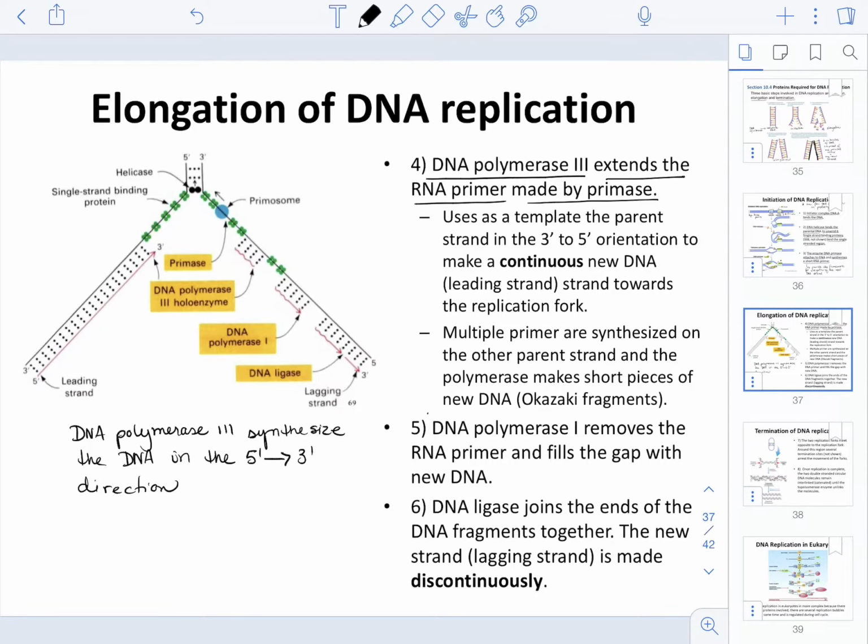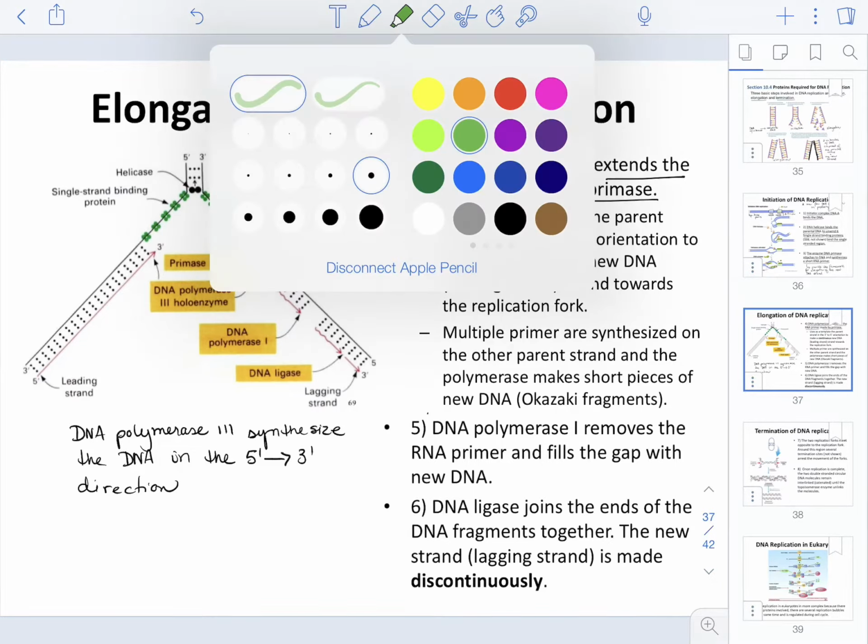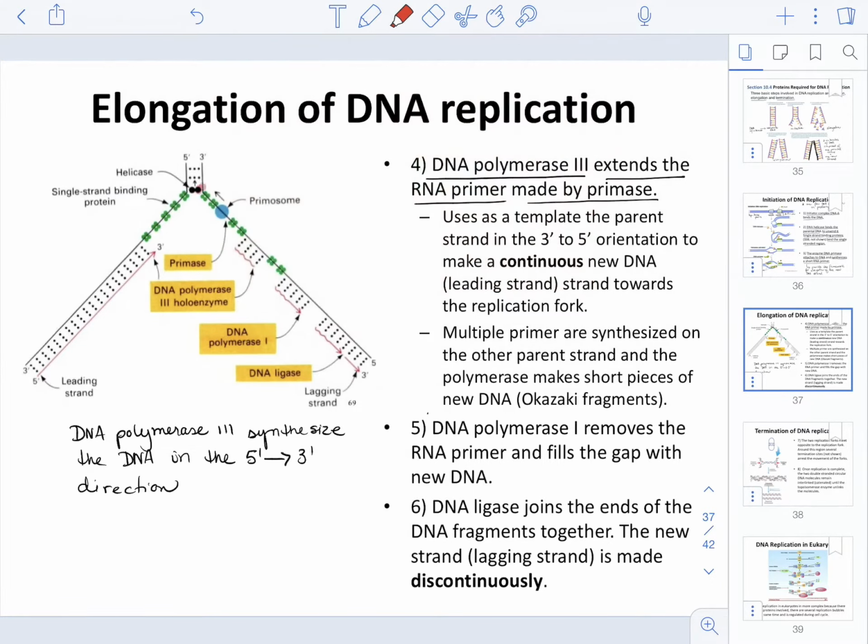Now, remember, during this process, we have, and I'm going to highlight it in red, the replication fork separating the two strands of DNA. And at the replication fork, remember that there are enzymes that allow that to happen, and helicase is there, as we learned in the previous slide.